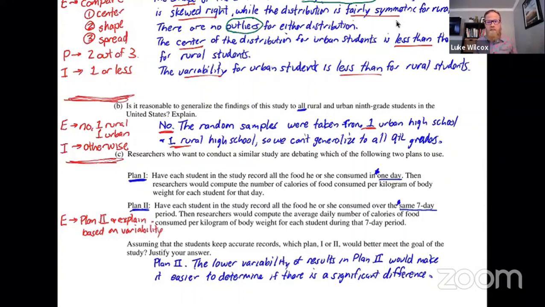You could also say more precise estimates. That's the same as saying lower variability. So a partially correct would be if you did choose plan 2, you had the correct plan, but then you had some sort of weaker justification. And then you would get an I otherwise.